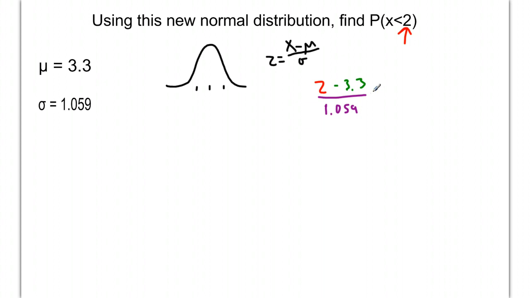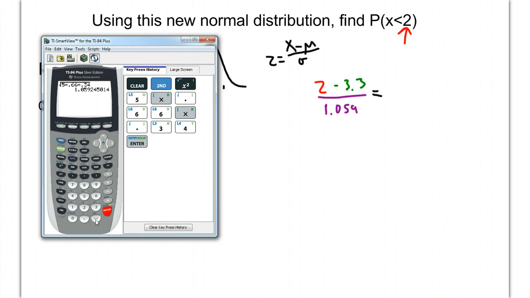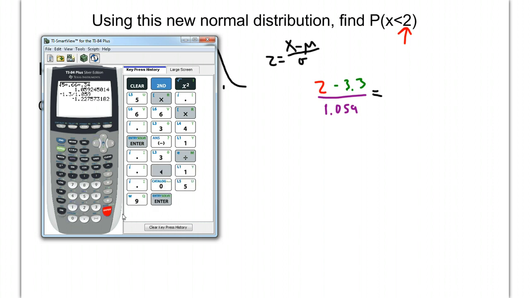So we take these values here, negative 1.3 divided by 1.059, and that's going to be negative 1.228.